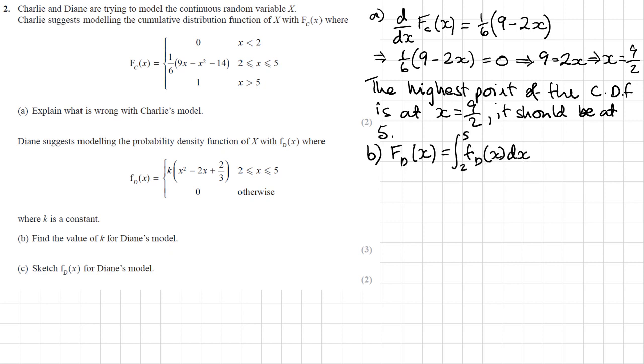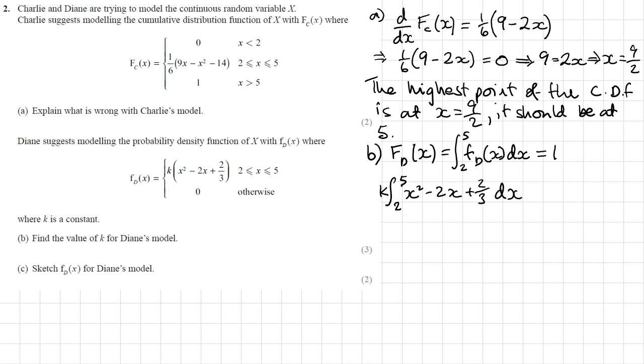So we'll start with the fact that if we integrate the PDF between the limits of 2 and 5, that will equal the CDF, and that should be equal to 1. So for our integration, let's put the k, which is a constant, on the other side of the integration sign. And so then we've got k times x squared minus 2x plus 2/3 dx.